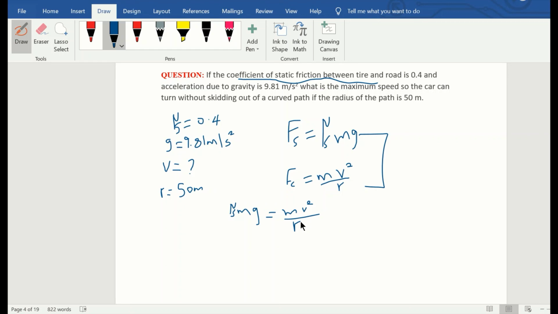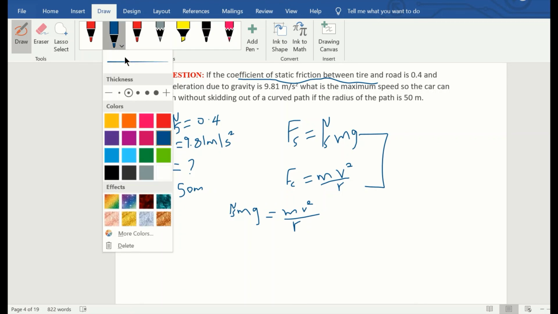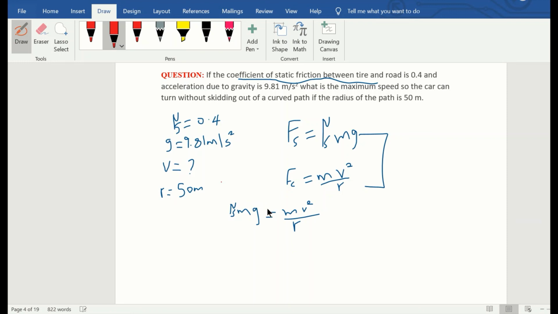So to find the speed, step 2, I have to cross multiply. We now have the coefficient, the mass, g times r equal to the mass times v squared.